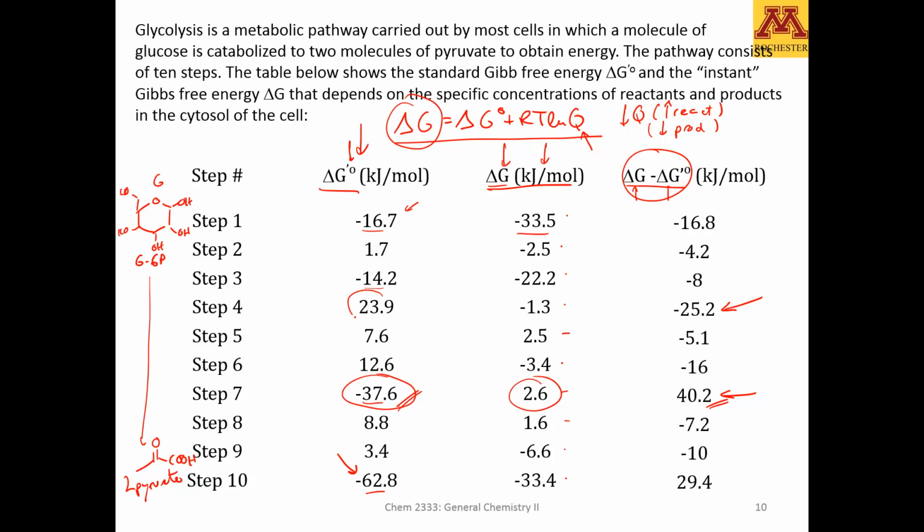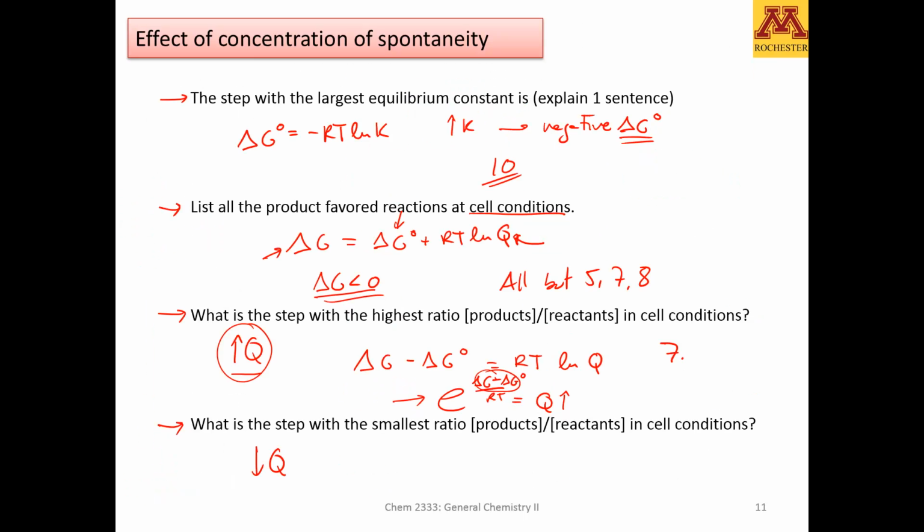It was fairly reactant favored, very positive, so fairly reactant favored, an equilibrium constant that is very small, and yet in cell conditions, by changing Q, by adding a lot of reactants and subtracting a lot of products, it has made the reaction more product favored. So step 4 will be the one that has the smallest ratio. Hopefully this makes some sense.